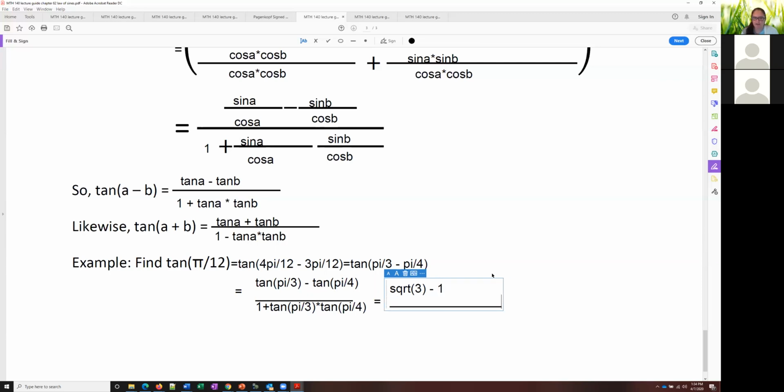So that's the top of my fraction. And then on the bottom, I have 1 plus the square root of 3 times 1. And we can't really simplify this very much. I guess I could get rid of the times 1, and I could write it as the square root of 3 minus 1 over 1 plus the square root of 3.